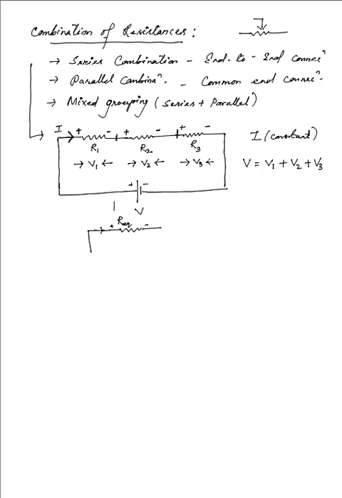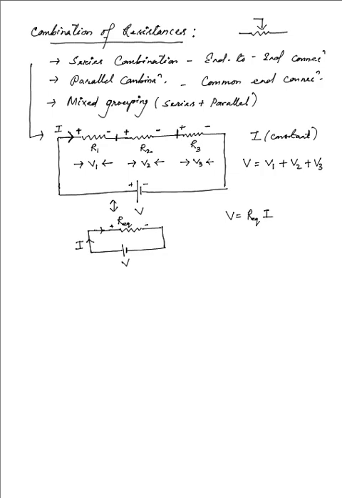So this is just an equivalent circuit of the above circuit, which is giving the same amount of current for the same amount of potential that is available. We can say that V equals R equivalent times I, that is the current flowing across the circuit.